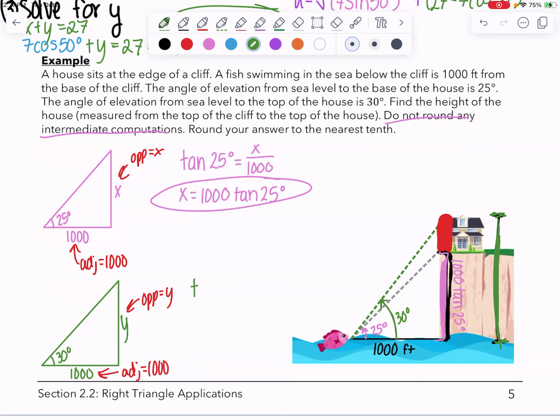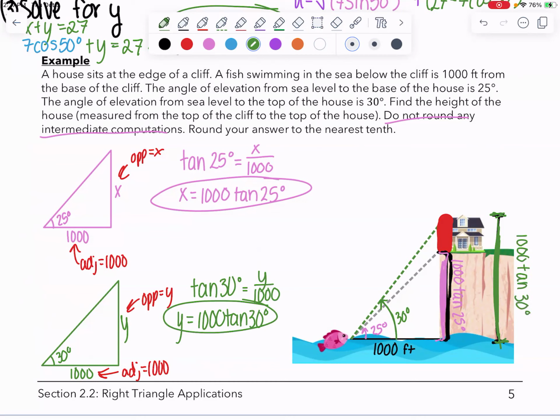So we have tangent, opposite and adjacent give us tangent of 30 degrees equal to y divided by 1,000. Algebra, y is equal to 1,000 tan of 30 degrees. So this whole distance is 1,000 tan 30 degrees.